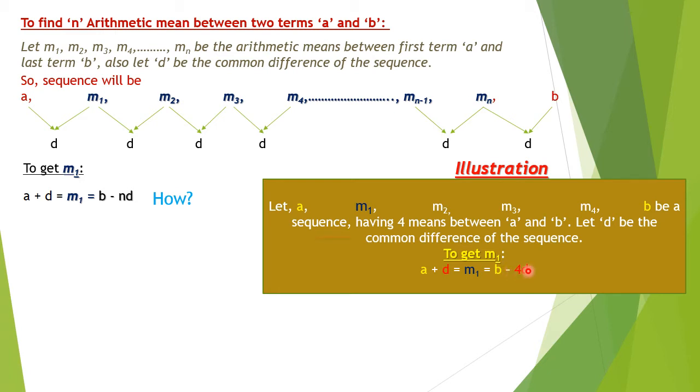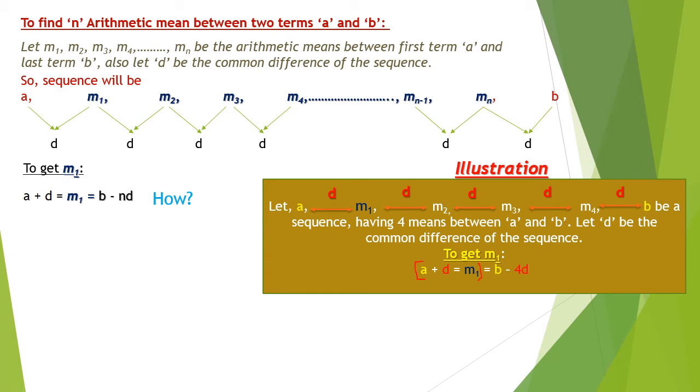Now let's understand this part. You can see the gap is d. Let's write d on each gap: d, d, d, d, and d. I don't think there is any problem in this part. A plus d is equal to m1.